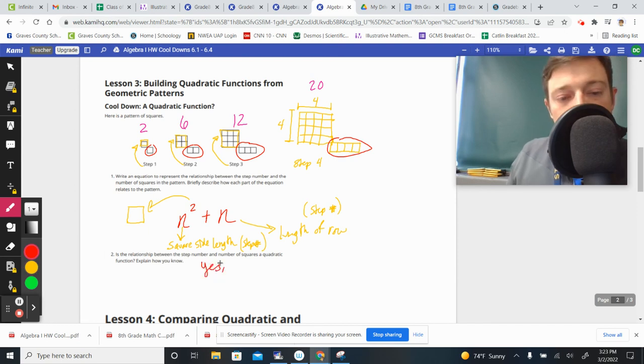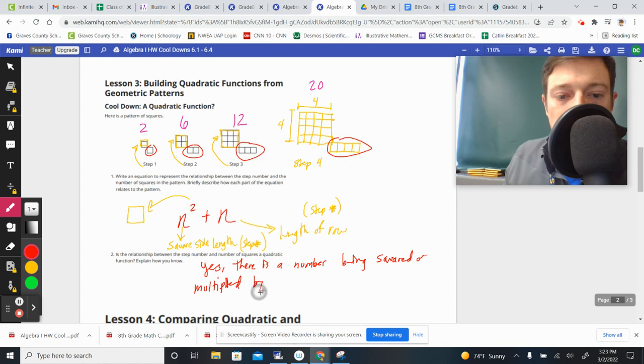What we've noticed when we have a quadratic function is that we always see a number being squared, multiplied by itself, in the expression for a quadratic.